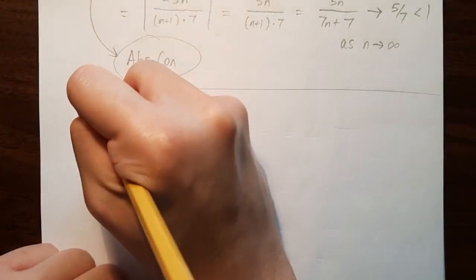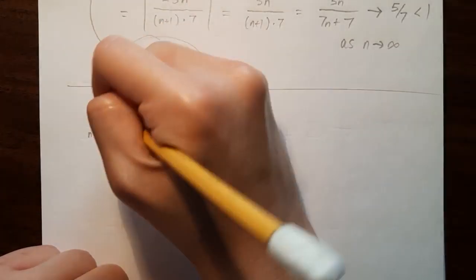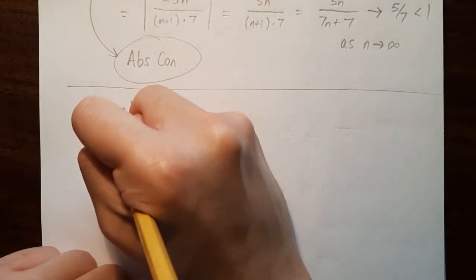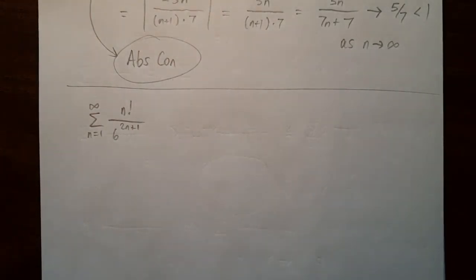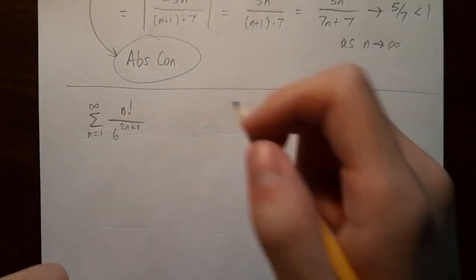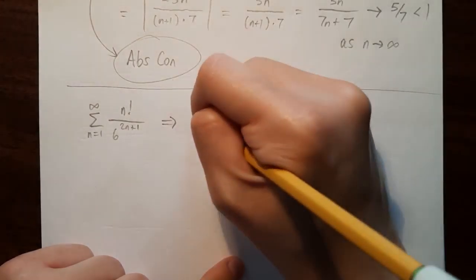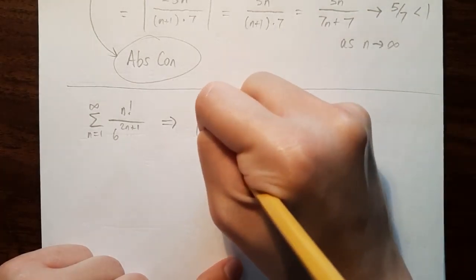Okay, so next one up, we have the sum from n equals 1 to infinity of, in this case, n factorial divided by 6 to the 2n plus 1. Okay, so the ratio test says, what do I do? I take the absolute value of the next term divided by the current term.